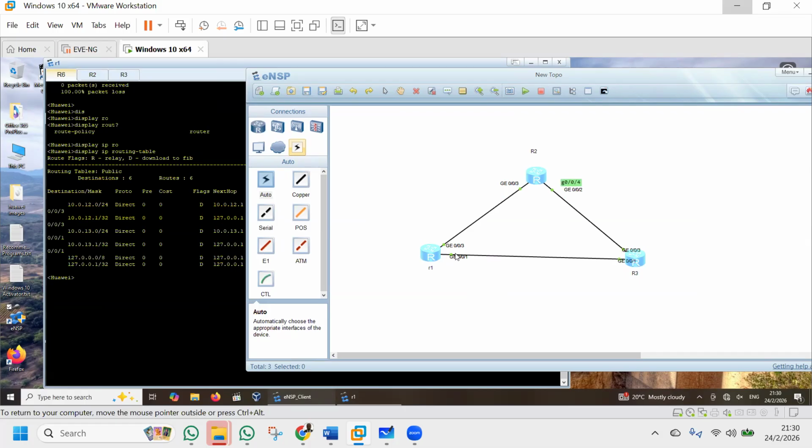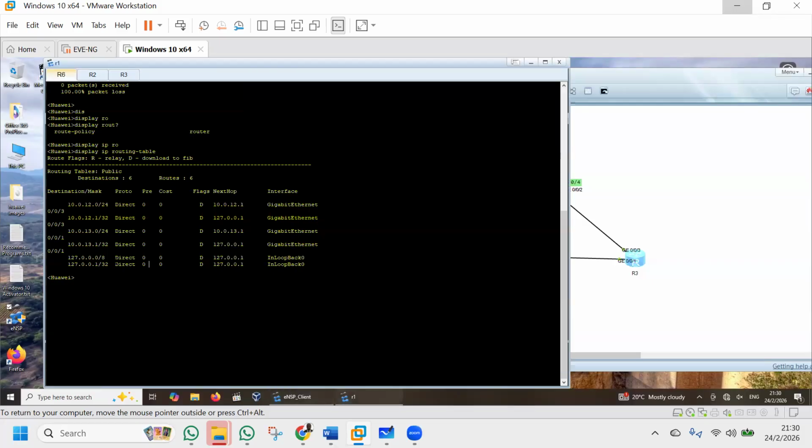Then on this side, we have 13.0 and 13.1. Then we also have a default loopback address configured on this specific router. And that is what the router knows.